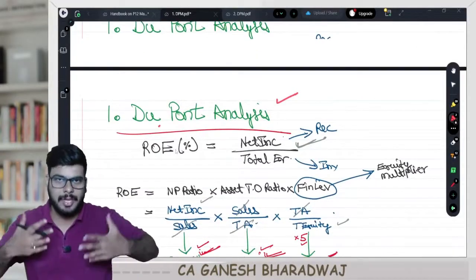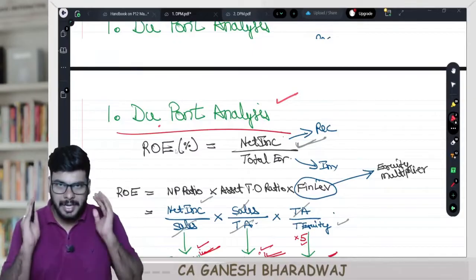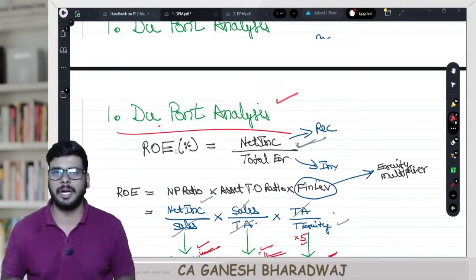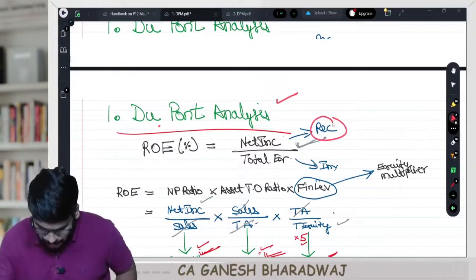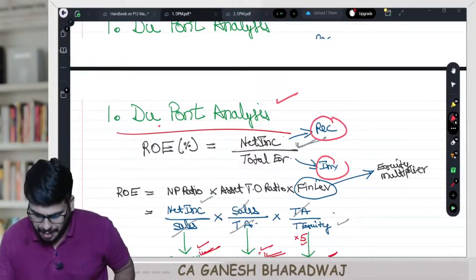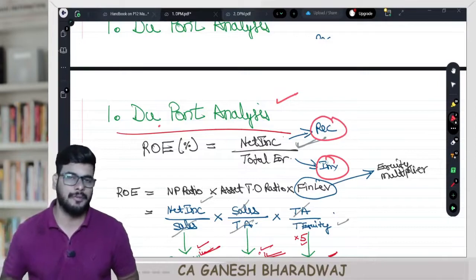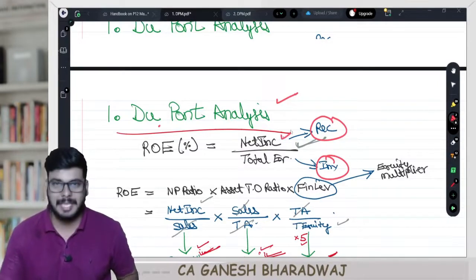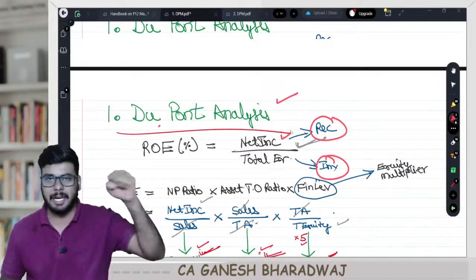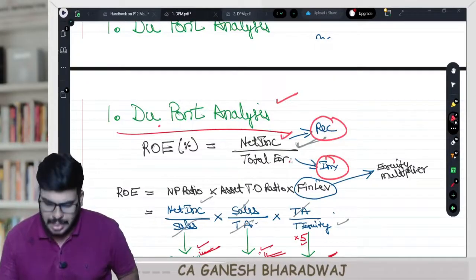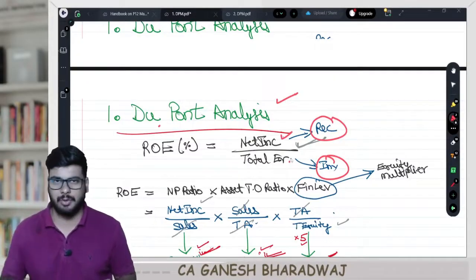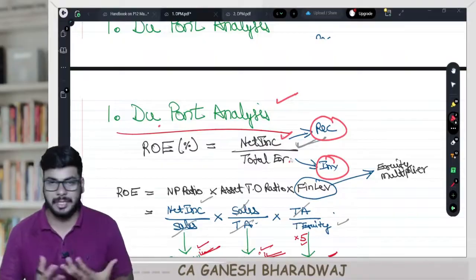The amount available to the equity shareholders divided by the amount invested by the equity shareholders. Correct? You are looking at it from the perspective of equity shareholders. So my return, what I receive, divided by what I have invested from the viewpoint of equity shareholders. So what I receive, as in what belongs to me, the net income or the earnings available for equity shareholders, divided by the total equity. When I say the total equity, it means the equity share capital, reserves and surplus, everything put together.